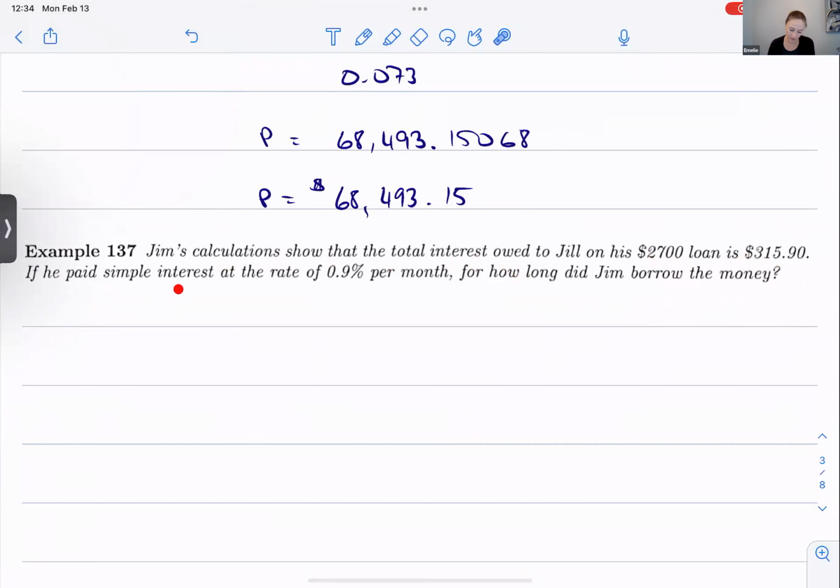If he paid simple interest at the rate of 0.9% per month, now here, be careful, because our rate has to be per year. So what are we going to do? We're going to have to multiply this by 12, because there are 12 months in a year. And then we can solve for how long did Jim borrow the money. So we want to solve for time.